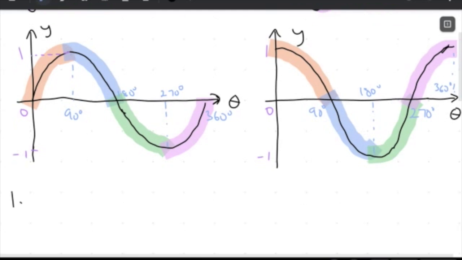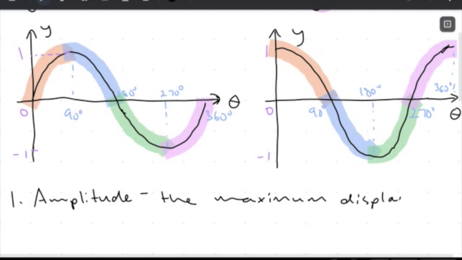The first feature is called the amplitude. The amplitude is the maximum. Now, this is a little bit of a tricky definition.